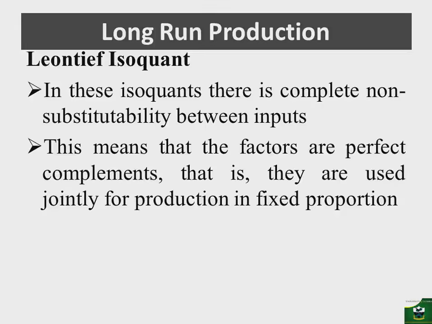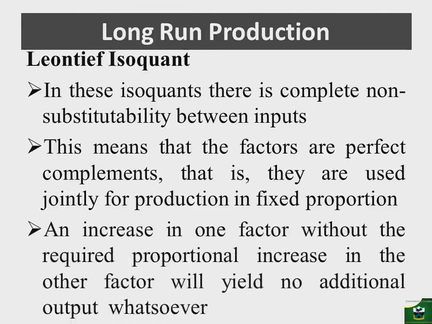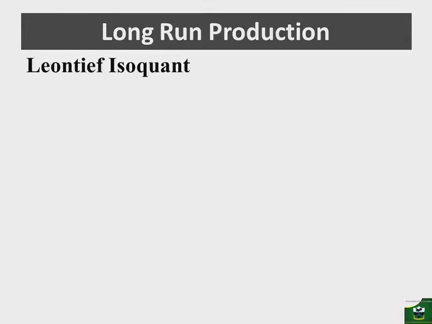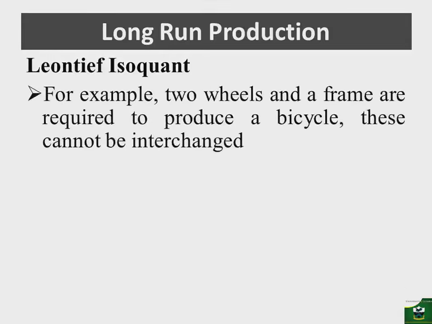For example, if you want to produce, say, a bicycle, which is a classic example, an increase in one factor without the required proportionate increase in the other factor will yield no additional output whatsoever. Let me take you through this example. Two wheels and a frame are required to produce a bicycle.